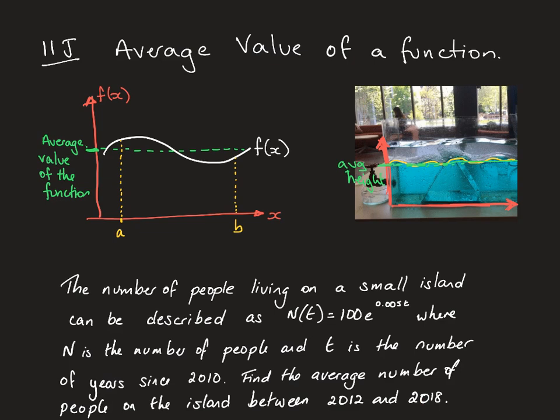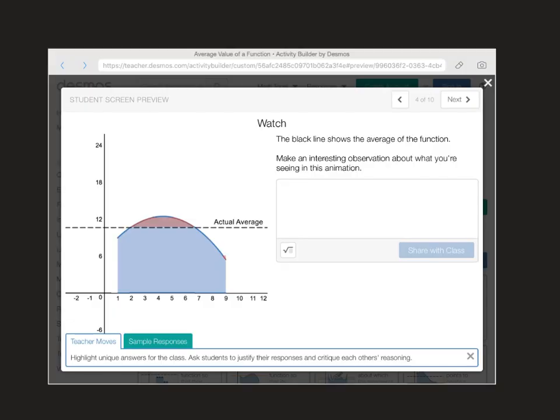So let's dip in and have a look at this idea of leveling a function to find this average value. What you're looking at here comes from a website called Desmos, and it's trying to show you the average value of a function. We've got an area under this blue line here, and we're going to look for the average of the function between 1 and 9.